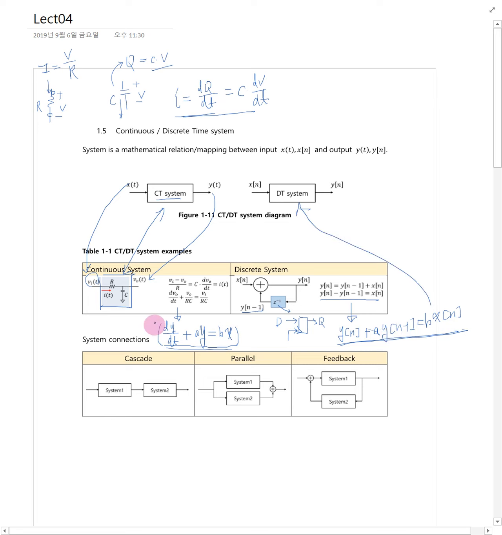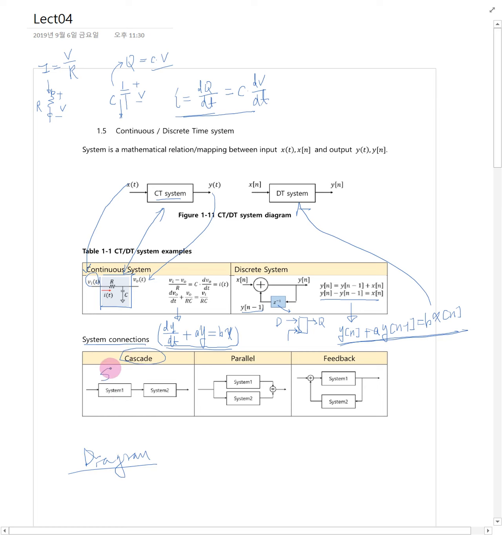So physically, there are two different types of systems. One is the continuous domain system. The other one is the discrete time system. Another thing we need to consider is the system connection. This shows the system diagram. Three different connections are possible. The first basic connection is the series connection. This is called the cascade.